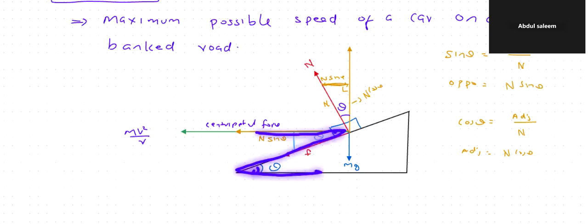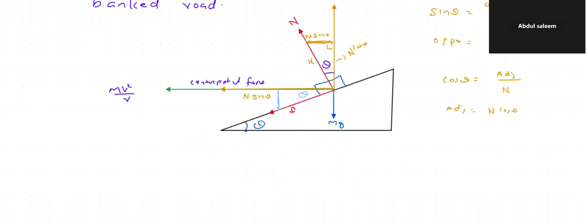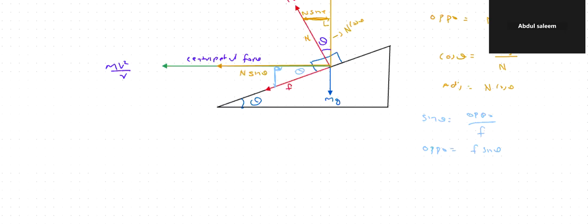In the same way, to find the opposite side, we can use the sine component. Sine theta equals the opposite side divided by the hypotenuse. The hypotenuse is the side opposite to 90 degrees, the frictional force. So the opposite side is F sine theta. And we can obtain the adjacent side using the cos component. Cos theta equals the adjacent side divided by the hypotenuse, the frictional force.